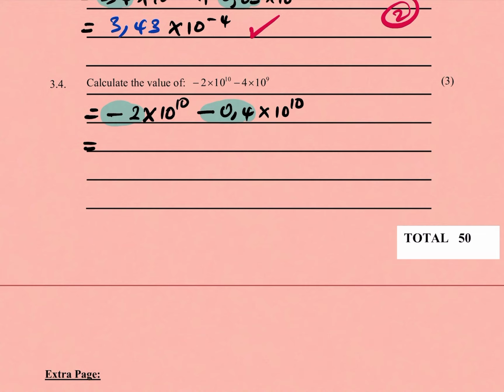So -2 minus 0.4, you get -2.4. All right, and then you multiply this by 10 to the power 10. Okay, that is really easy there.